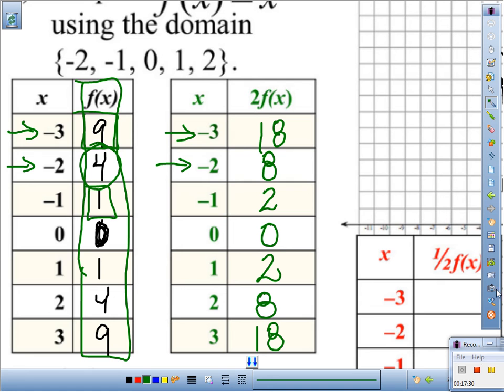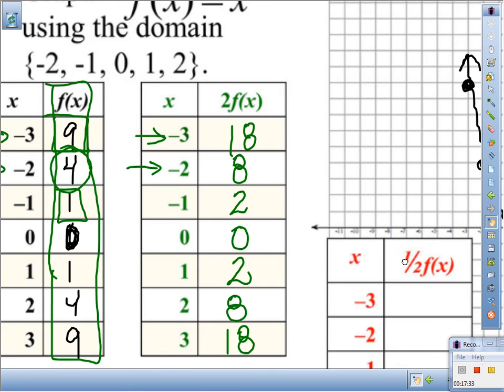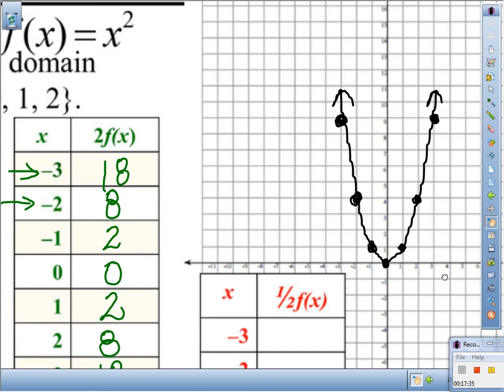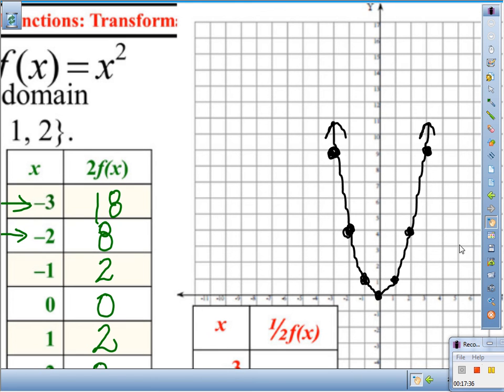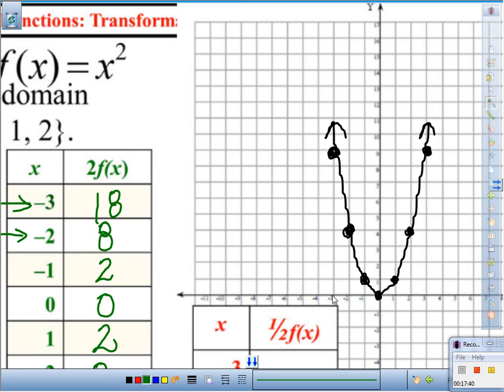Okay, let's graph those. Make sure you use your color pens. Here it goes. Negative 3, 18. 1, 2, 3. 18 is way up here off the grid right there. Next one, negative 2, 8.